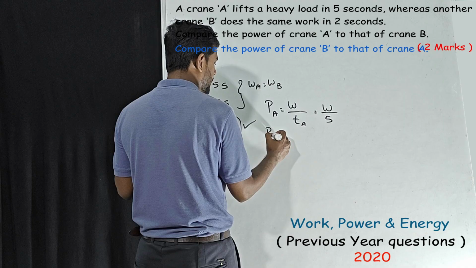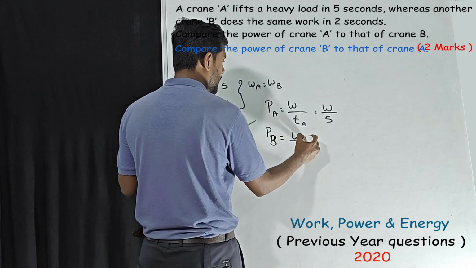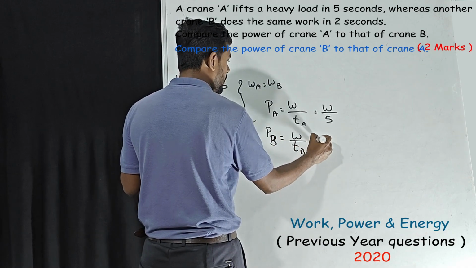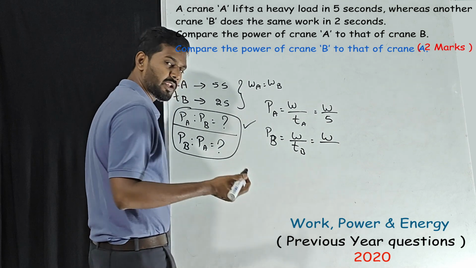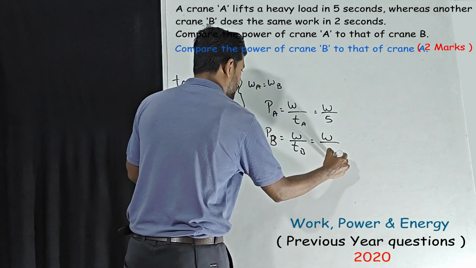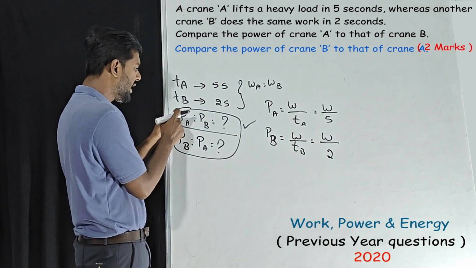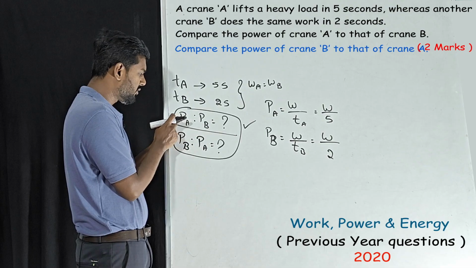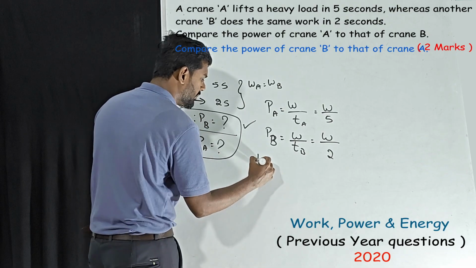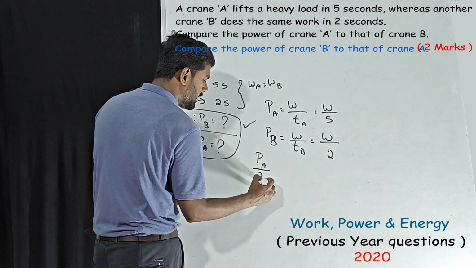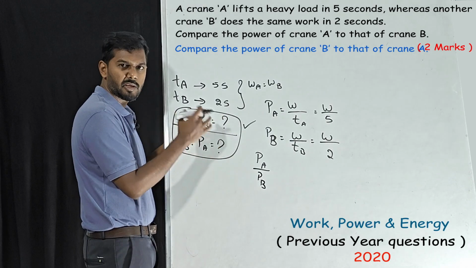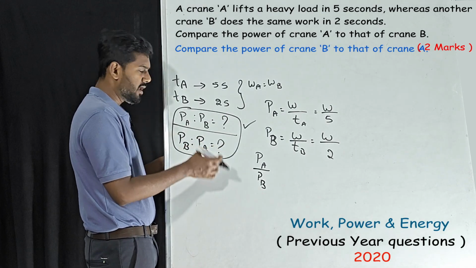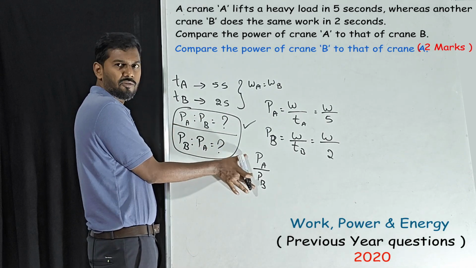Then power of B is equal to work by time taken by B. Work remains same, we don't know the value, so we'll write it as it is. What we need to find is PA is to PB. PA is to PB is nothing but PA by PB. If it is in ratio, we can write it in fraction.